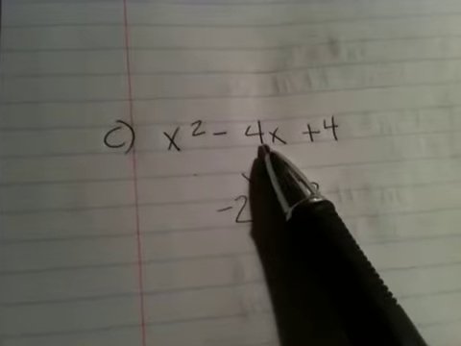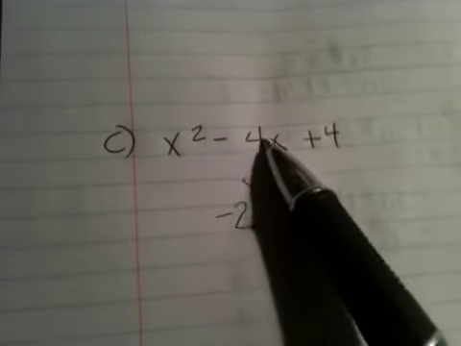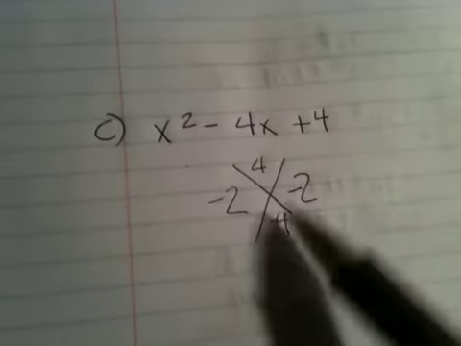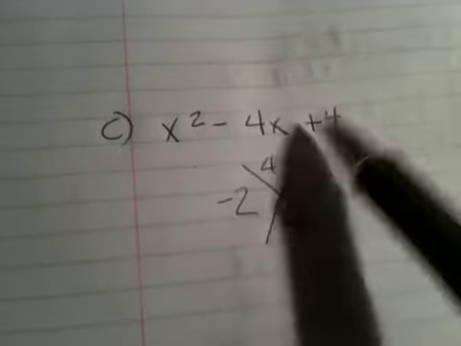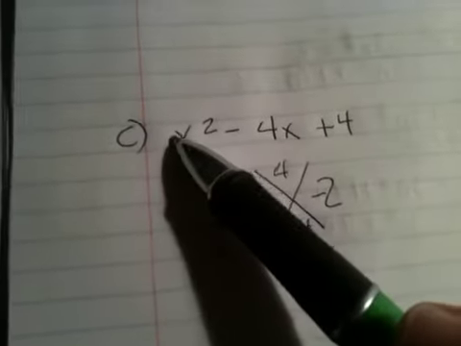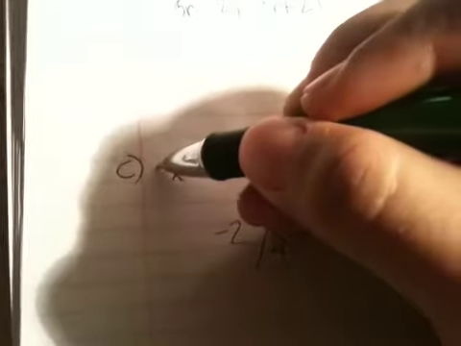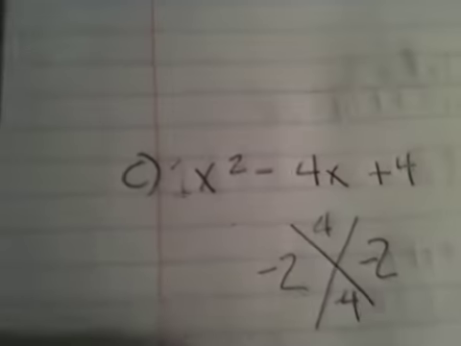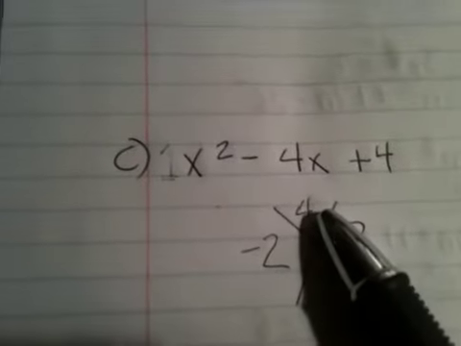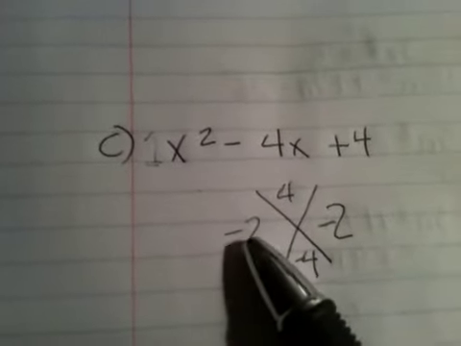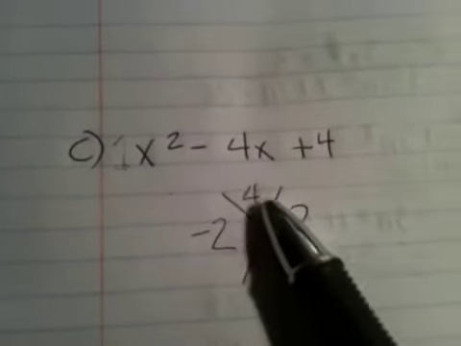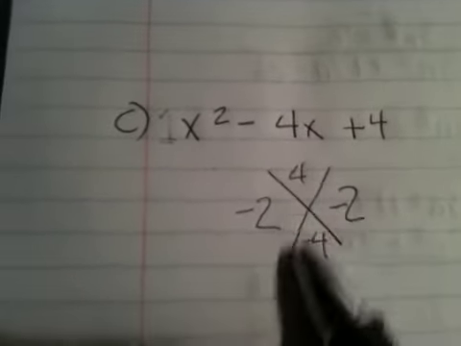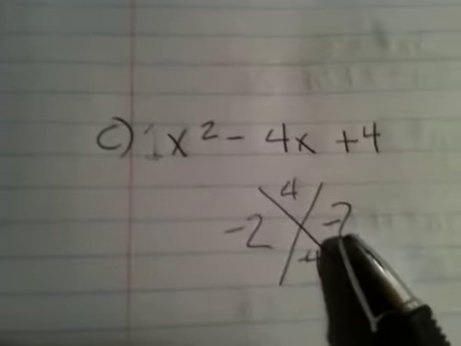From right here, the middle coefficient. Since this is an imaginary 1x squared, 1 times 4, you get 4. So negative 2 times negative 2 is 4, because negative times negative is a positive. And then negative 2 plus negative 2, you get negative 4.